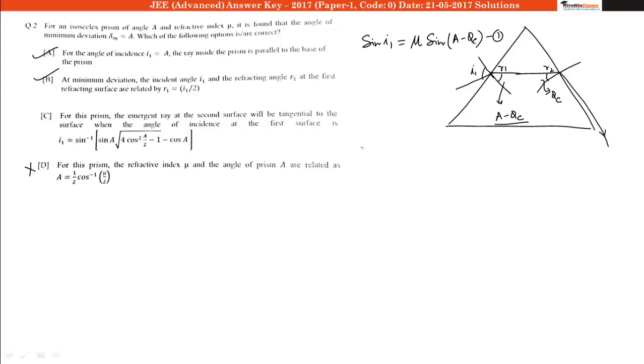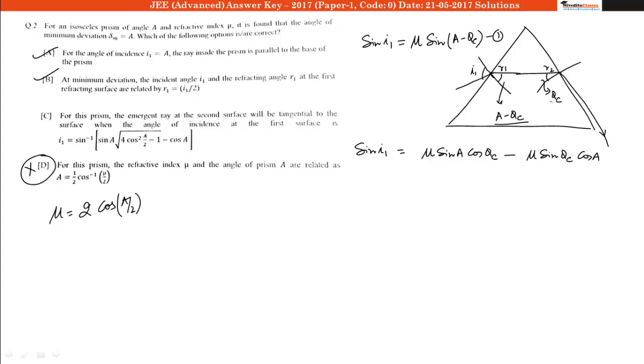Or we can write it as sine I1 is equal to mu sine A cos QC minus mu sine QC cos A. Now from the previous equation which we discussed, we found that mu is equal to 2 cos A by 2. This we have already proved when we were discussing option number D.